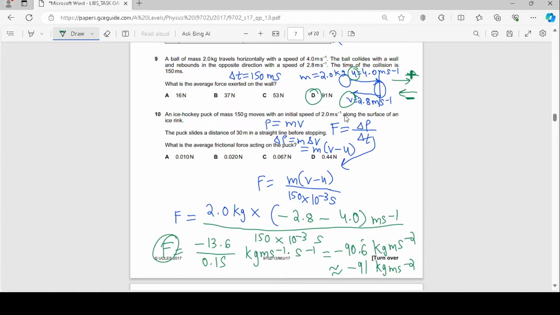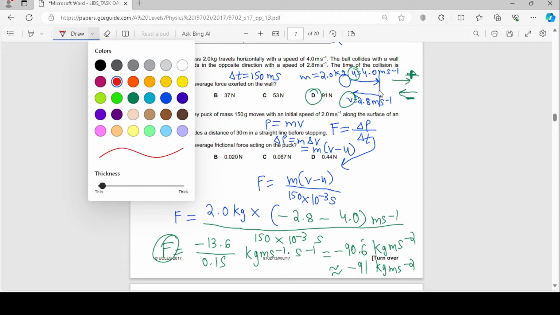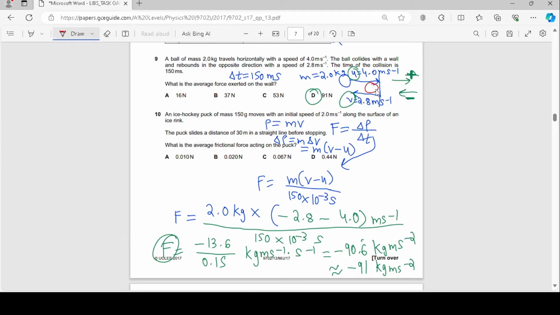And also, another thing to realize is that I have actually not calculated the force of the ball on the wall, because the force of the ball on the wall will be in this direction, right? Let me use another color of pen perhaps. Basically the force of the ball on the wall would be in this direction, but because they're asking for the force on the wall, that's going to be in that direction.